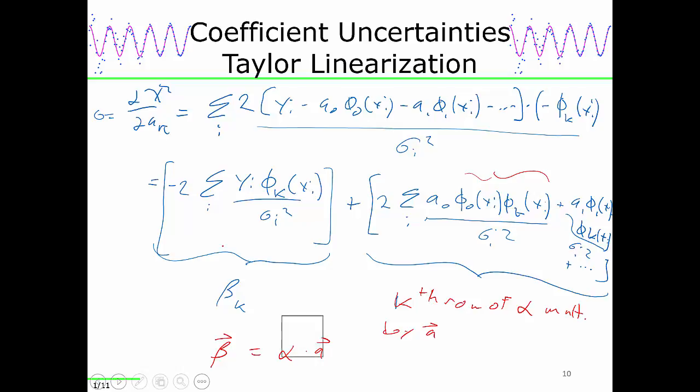The derivative of the first term with respect to a sub k goes away. The derivative of the second term with respect to a sub k will pull out phi sub k times phi sub k, and everything else in that sum will disappear.